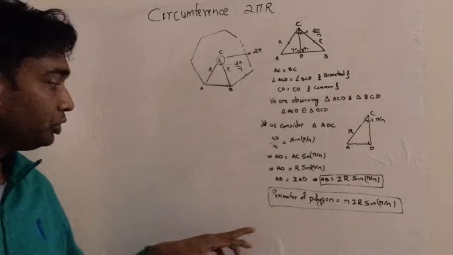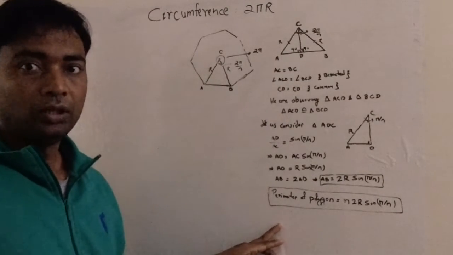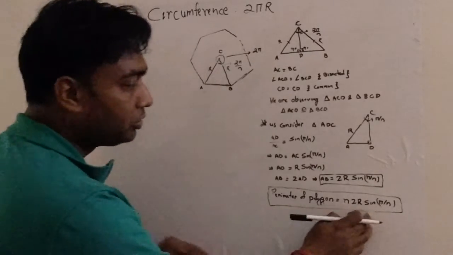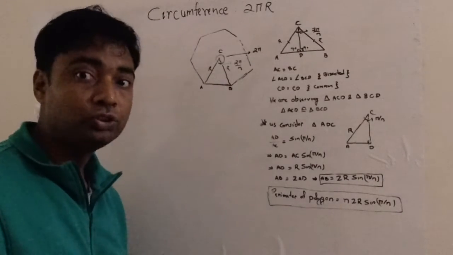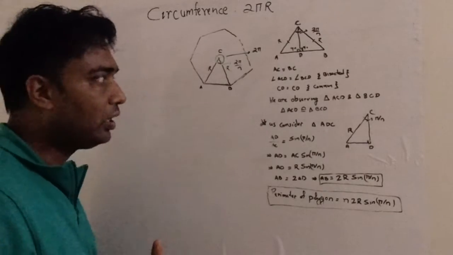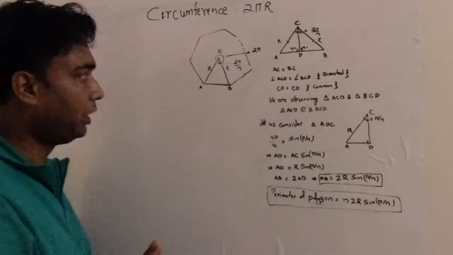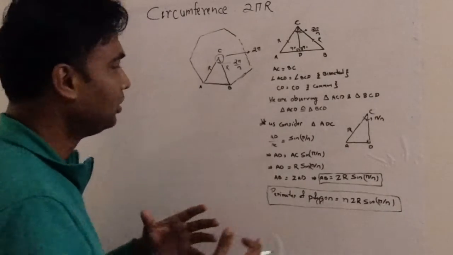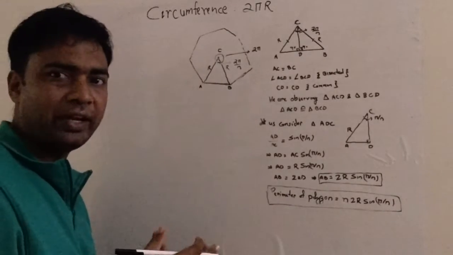Now we will be using this property to derive this formula 2 pi r. Since this is the length of the polygon, and we know a circle is what? A special case of a regular polygon, where n is infinity. So we just have to do some modifications, just add or multiply or divide something.